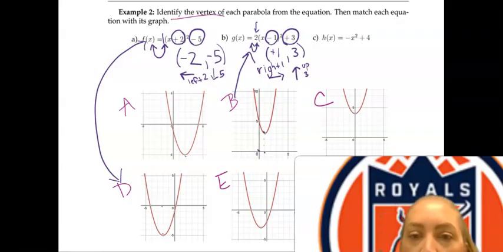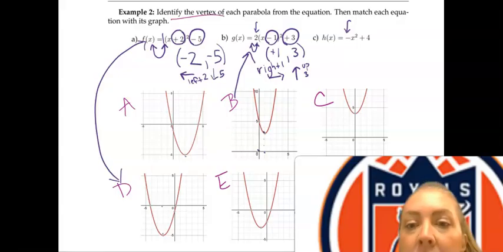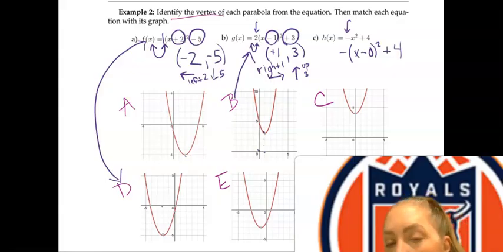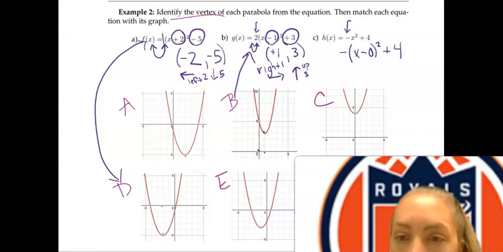The last equation we match, the number in front is A. This one looks a little different because there is no parentheses. So sometimes what you can do is if I add a parenthesis with the X, I can always put a 0 with it. Now, you don't have to. So if there isn't a parenthesis, what that really means is it doesn't move left or right.